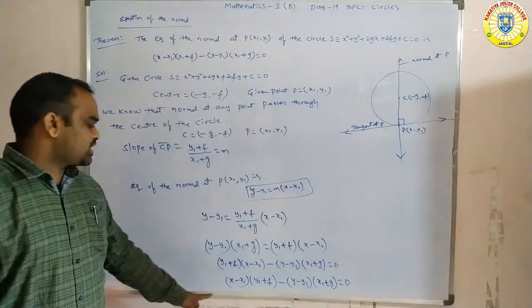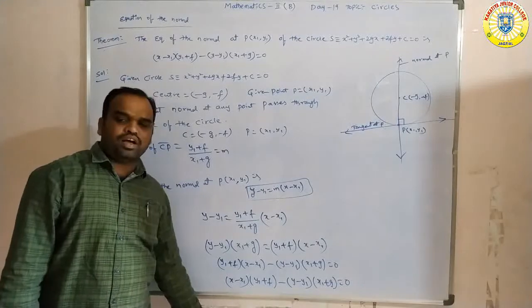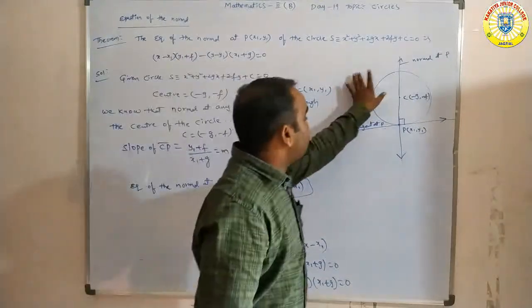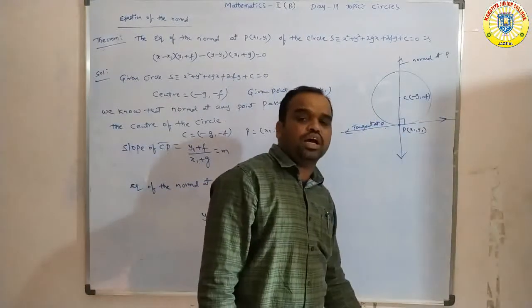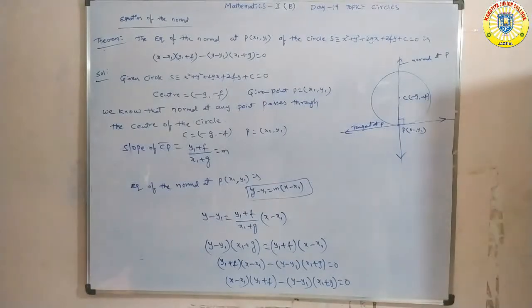This is the equation of the normal at the point P of x1 comma y1. All of you know this: normal and tangent are always perpendicular to each other, and every normal passes through the center of the circle.